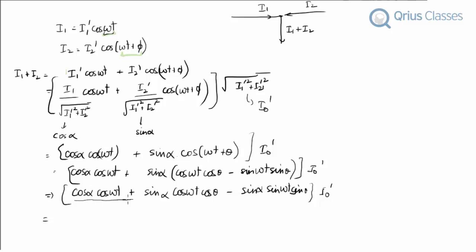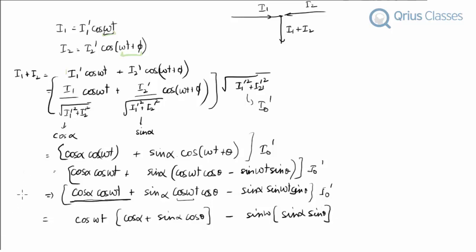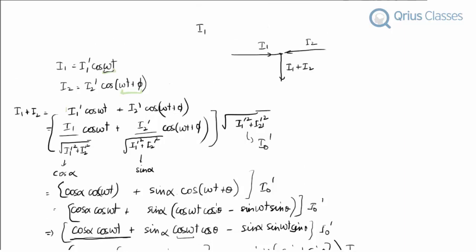This cos omega t can be taken common in these two, and what we will be left with is cos of omega t bracket cos of alpha plus sine of alpha cos of theta, minus sine omega t bracket sine alpha sine theta, into I naught. And we'll go on to simplify this until we reach a point where it is simple.